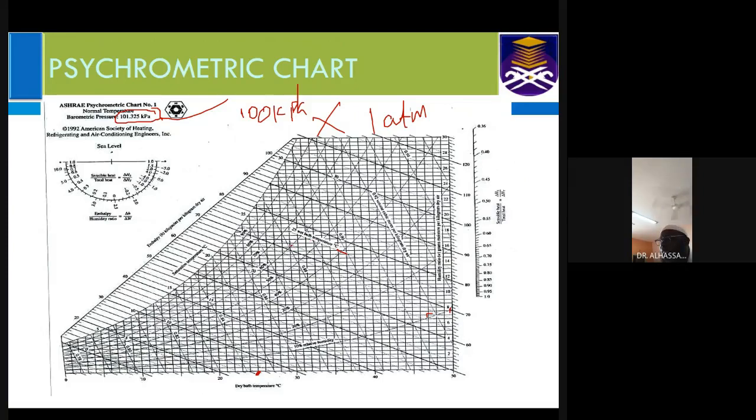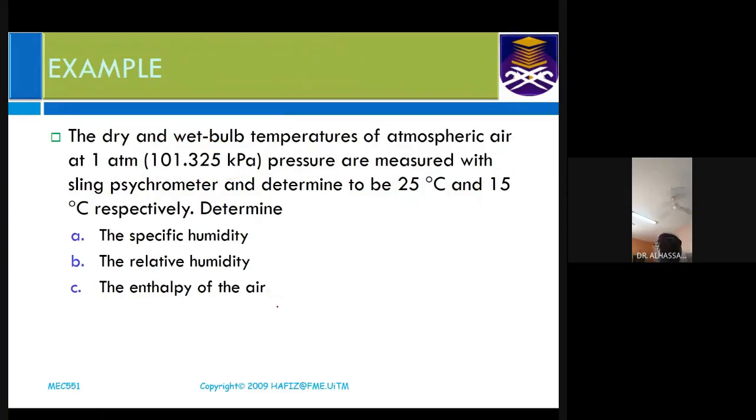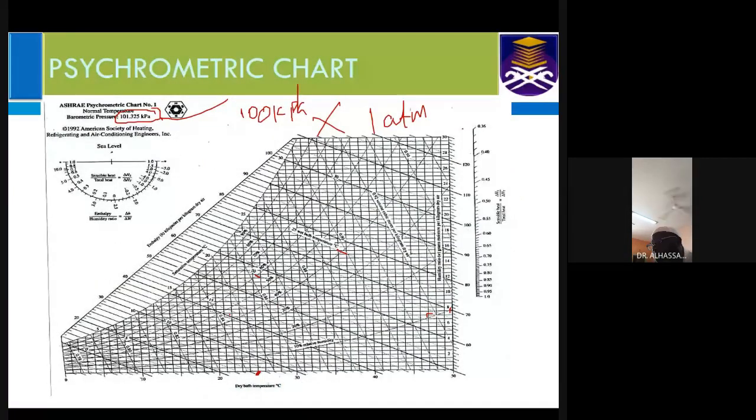Then it decreases if you go like this downwards, and this is 20 wet bulb temperature. Yes, 15 degrees wet bulb temperature. So this is 15. It is this line. Okay, so we'll move our line vertically upwards like this.